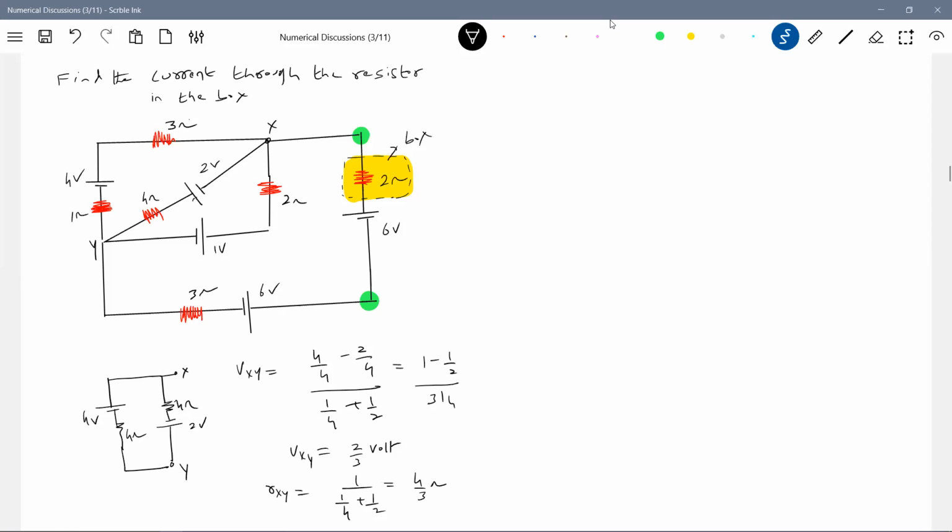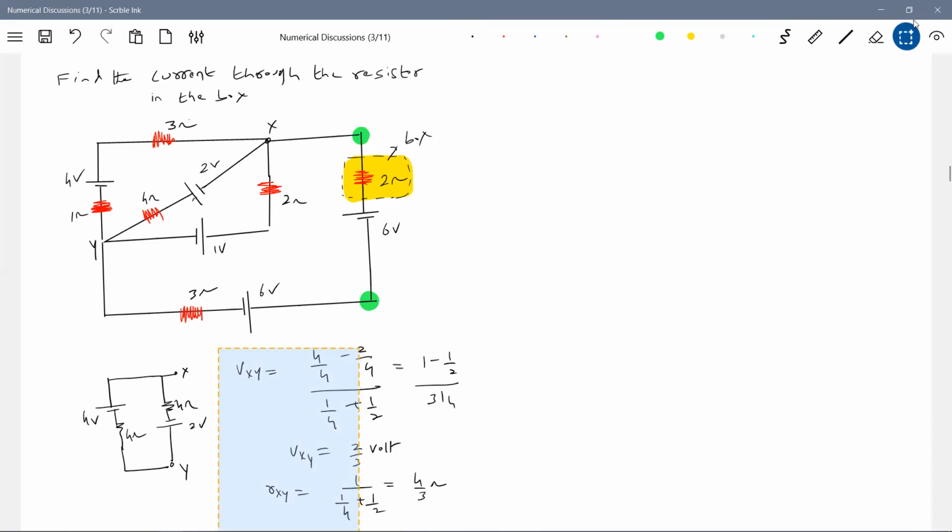Again we have one more. I could have done all 3 resistors at a time; I didn't see that. Okay, no problem, I'll come again.